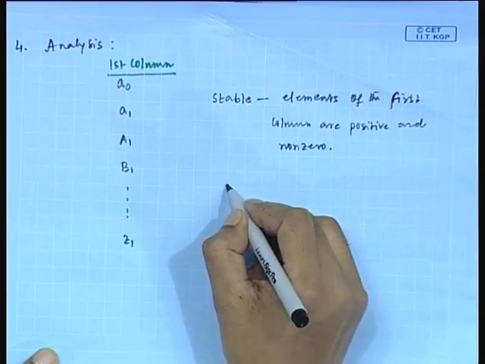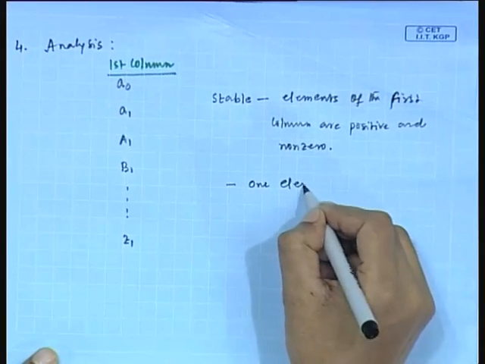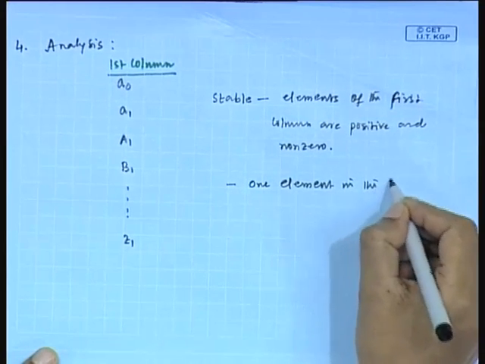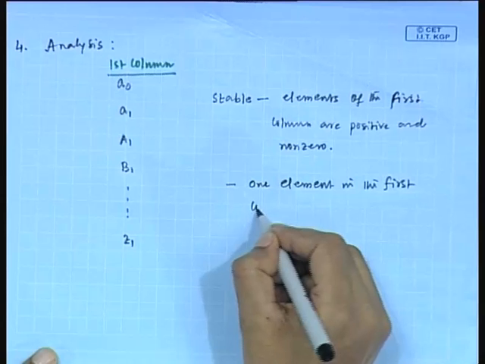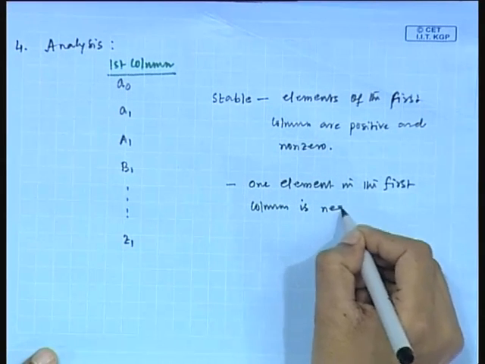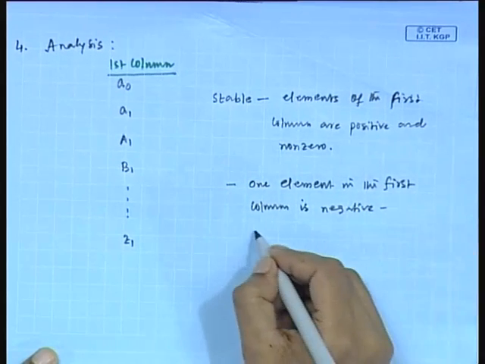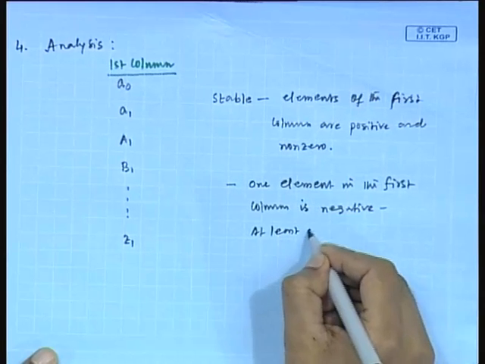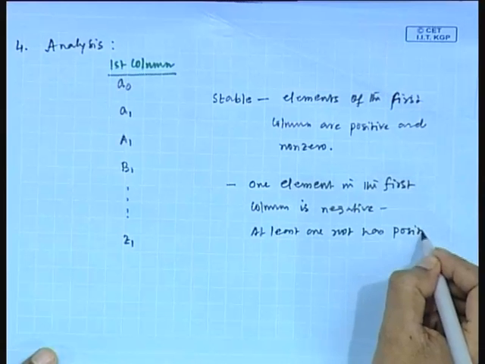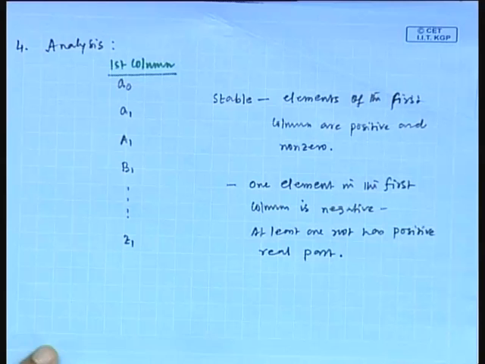Another point is, if one element in the first column is negative, then at least one root has positive real part.